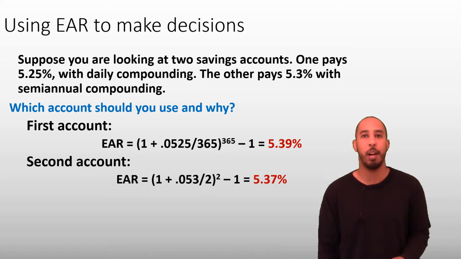Now these rates are comparable, and we can see that the first bank is the one for us. If we put our money in there, we'd earn more interest. It's very important that you pay attention to compounding frequencies. As you've seen, these details can dramatically impact the results you get and can impact the decisions you make.